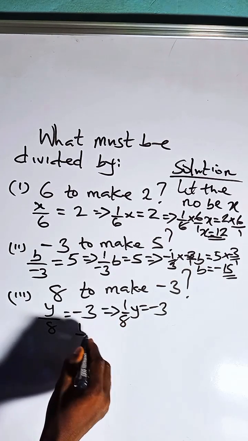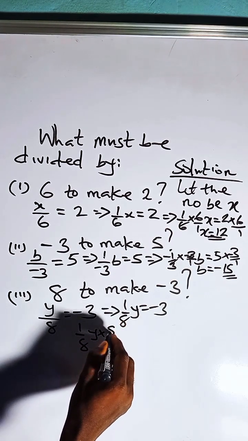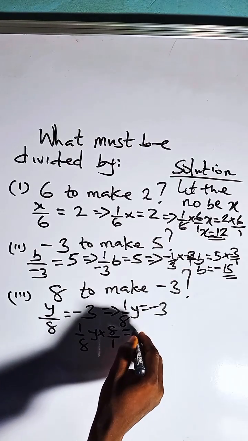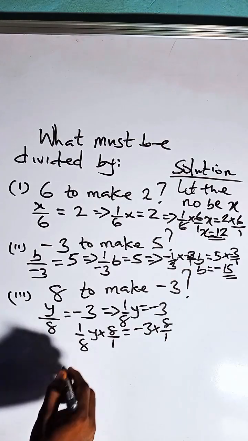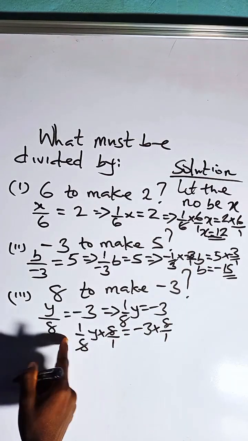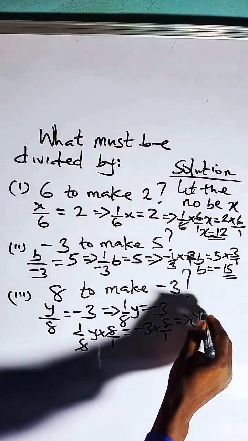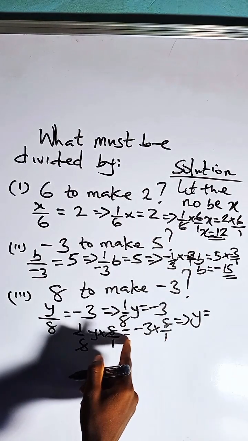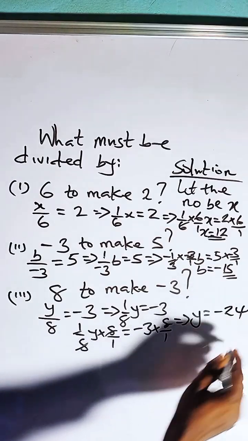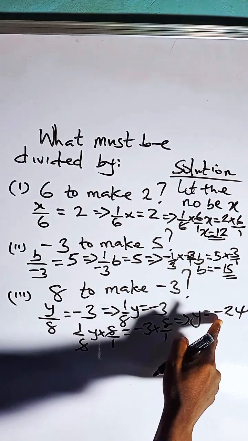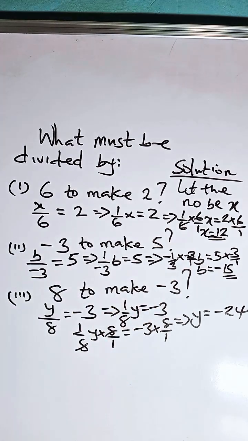So we have 1 over 8 y times 8 over 1 equals minus 3 times 8 over 1. When we simplify this, we have just y equals minus 3 times 8, which is minus 24. So when we say minus 24 divided by 8, we have minus 3. Thank you very much.